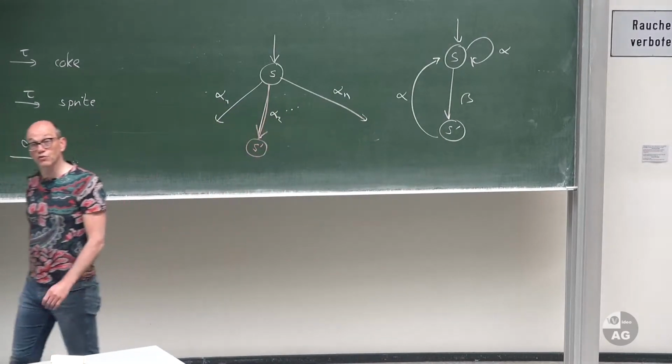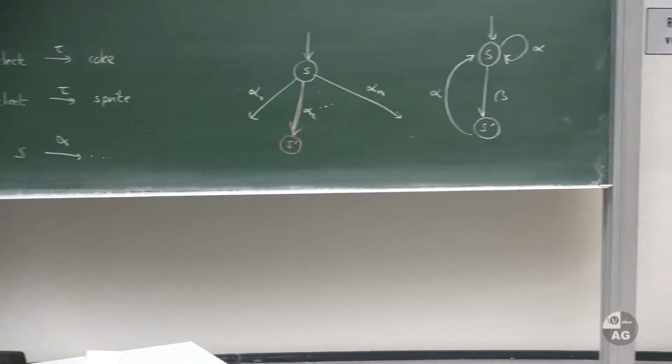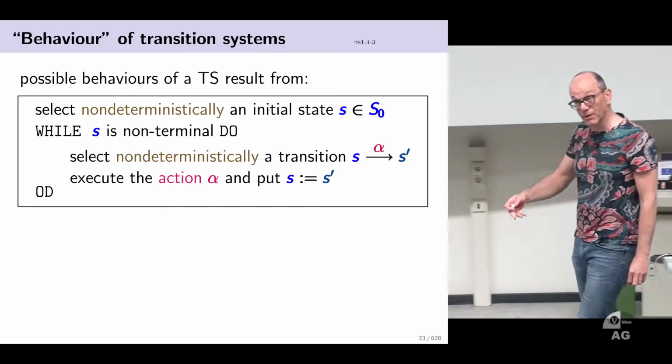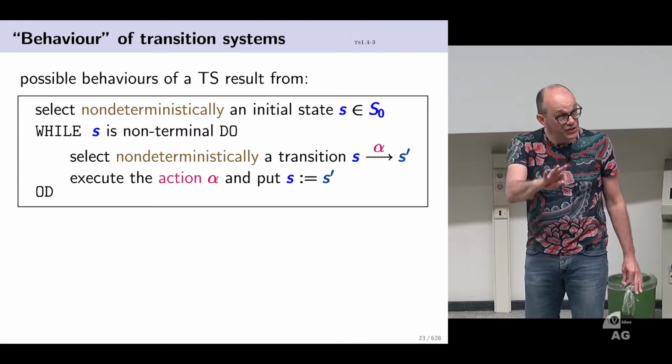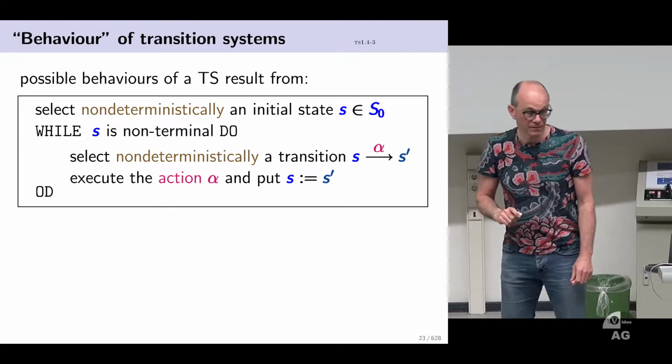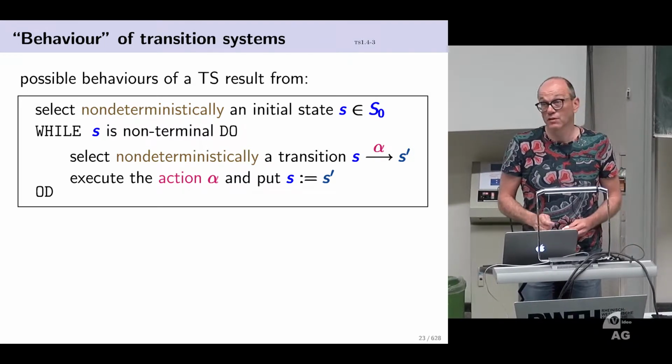Then this algorithm will not terminate, because we never reach a state that has no outgoing edges. So the behaviors of transition systems are typically infinite, unless you have a state where you cannot continue. Good, that's also a major difference with finite state automata.